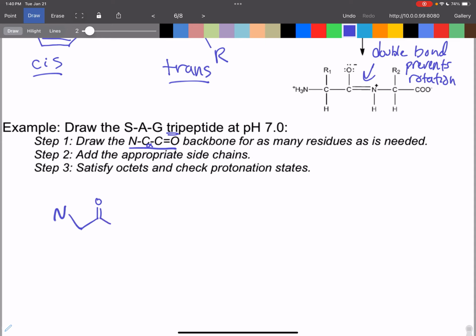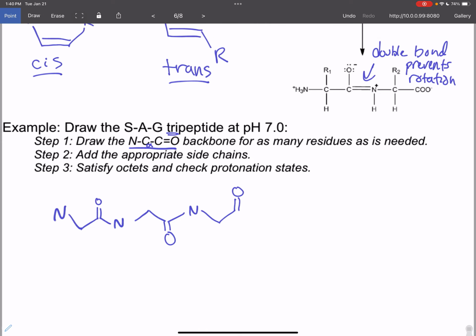I'll go again N and then C alpha and then C double bond O. Notice I'm doing this zigzag up and down, back and forth like that. So that is now 2 units, N C alpha, C double bond O, N C alpha, C double bond O. And then I'll do it again. So we got N, C alpha, C double bond O. So this is a tripeptide, and so it's going to have 3 individual units.